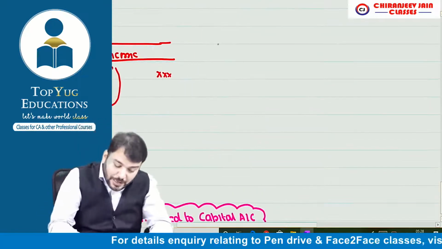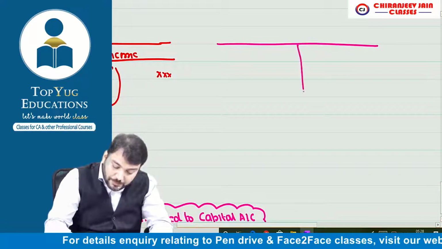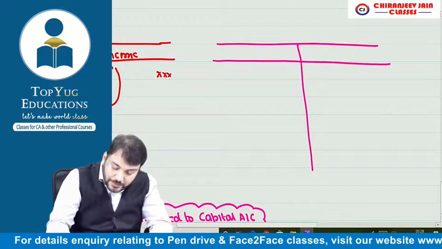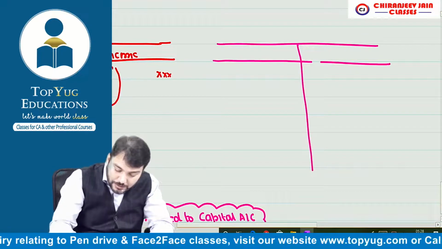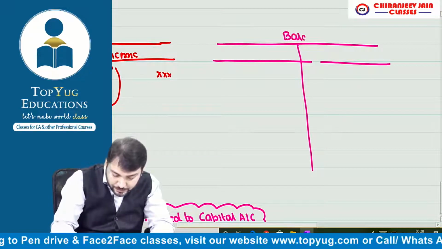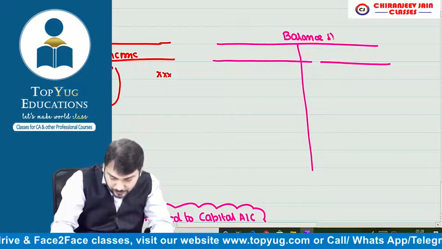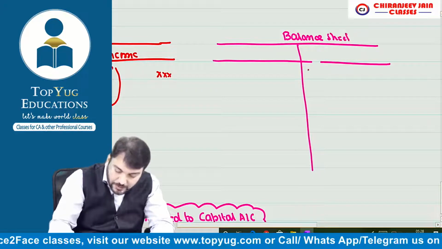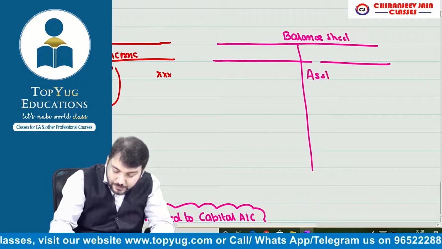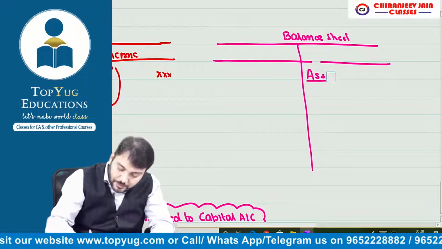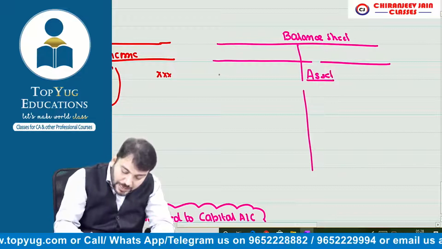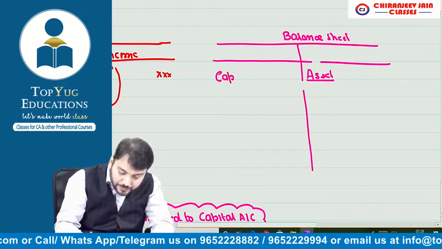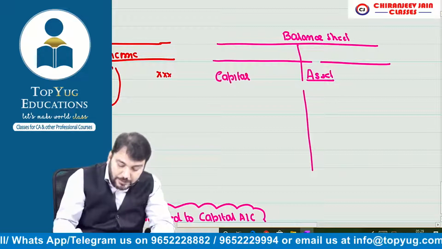So if we prepare a balance sheet, in the balance sheet we write down assets. And we write down capital.